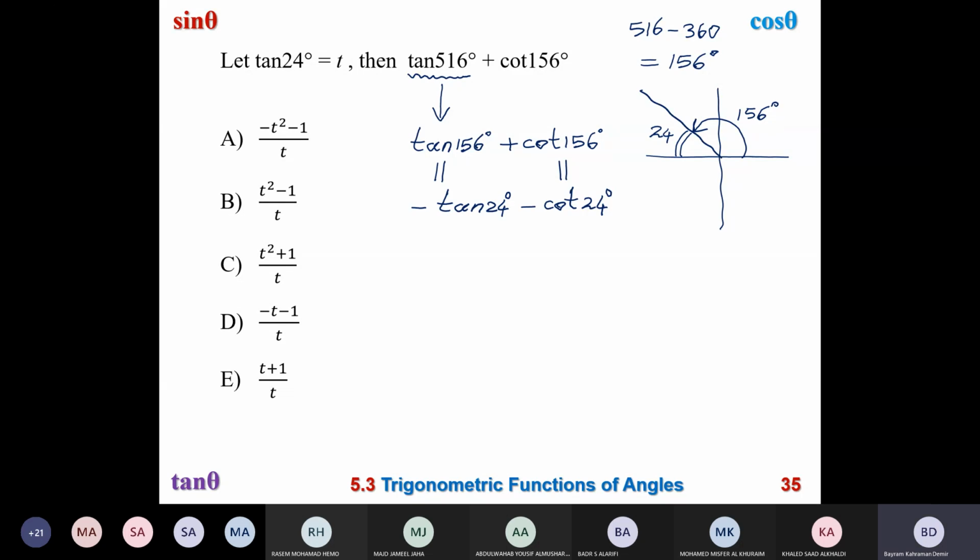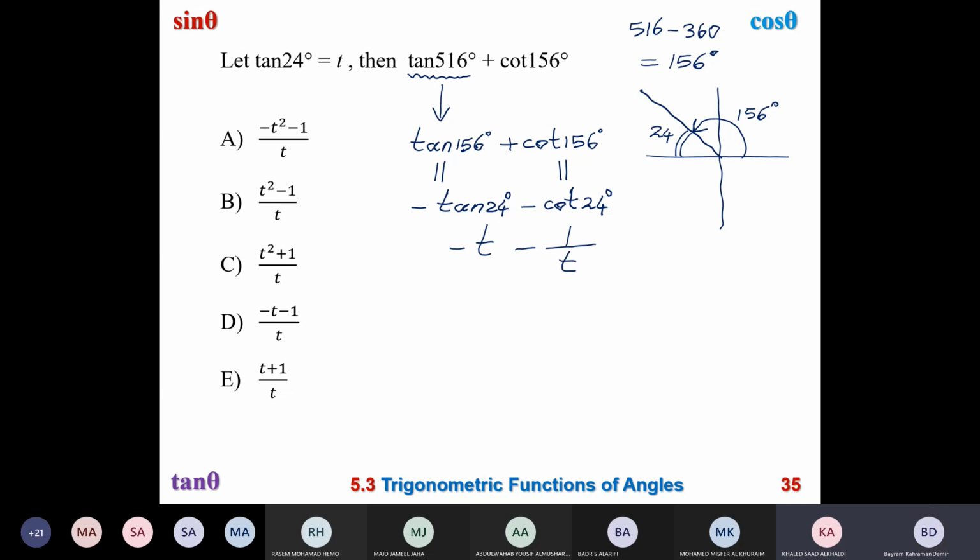Are you following? Be careful. Now this is negative t. And how about cotangent 24? Can we write it as 1 over tangent, so 1 over t.